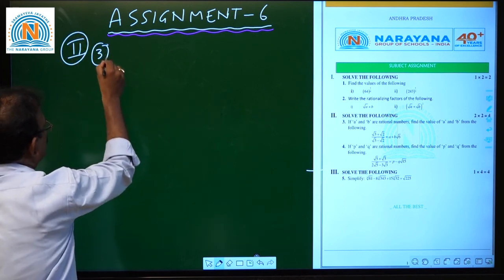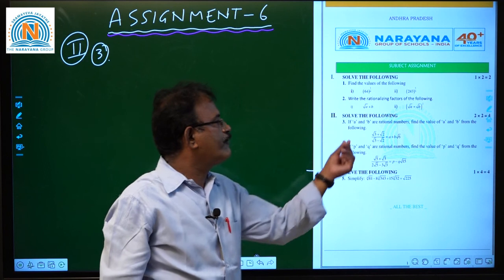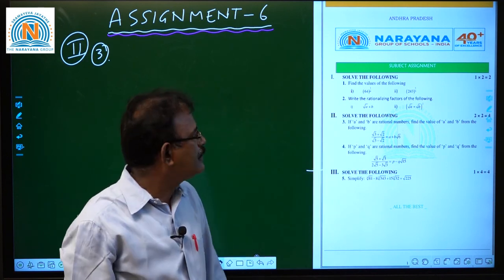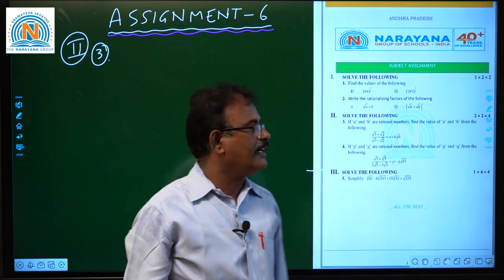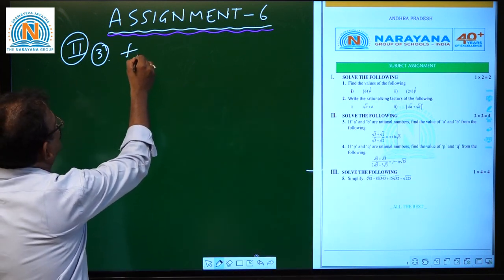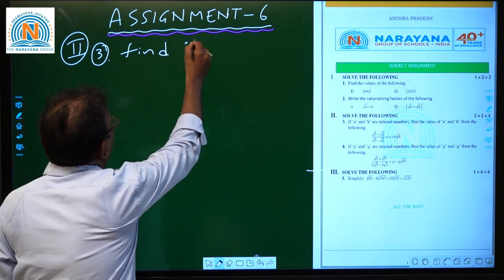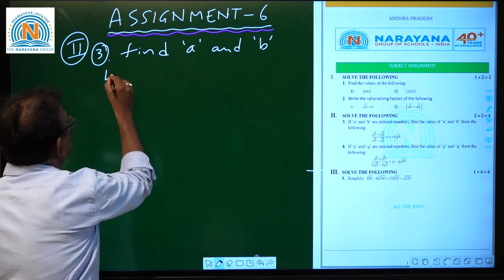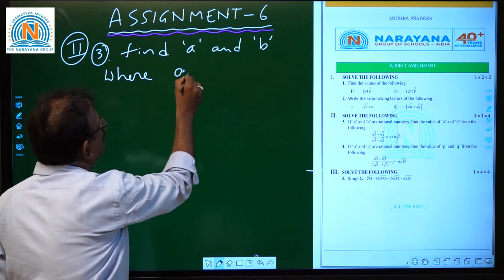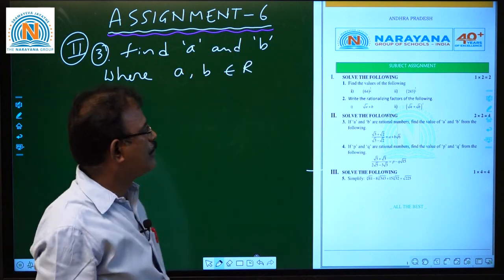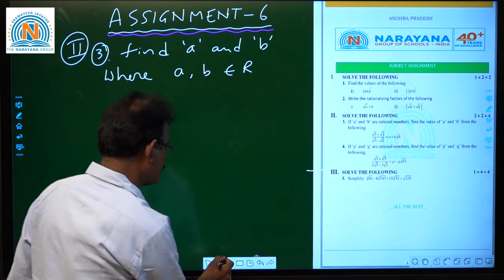Second Roman, third question. If a and b are rational numbers, then find the values of a and b from the following, where a, b are rational numbers.